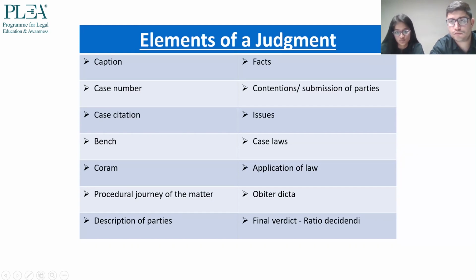While you're reading the judgment, you will find several statements which are not findings, but observations made by the judge. So obiter dicta plays a very important role in arriving at the ratio decidendi. Ratio decidendi will also have the reasoning for the judgment.